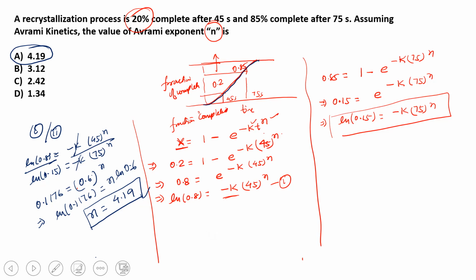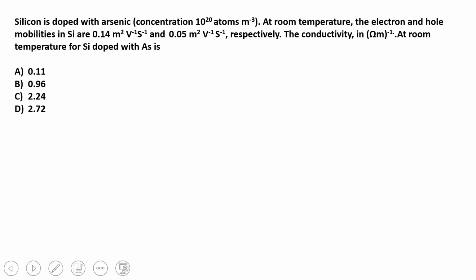Okay guys, now let us proceed to the next question. Silicon is doped with arsenic, and the concentration of this arsenic doping is 10 to the power 20 atoms per meter cube.